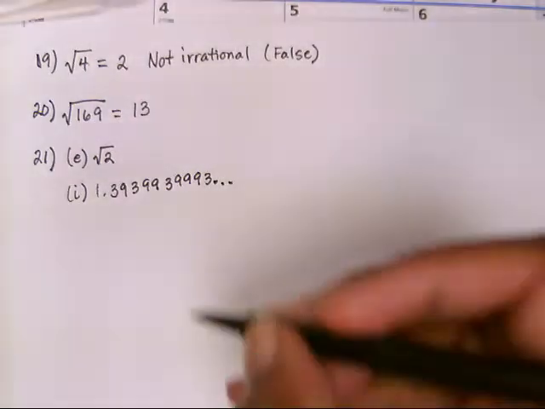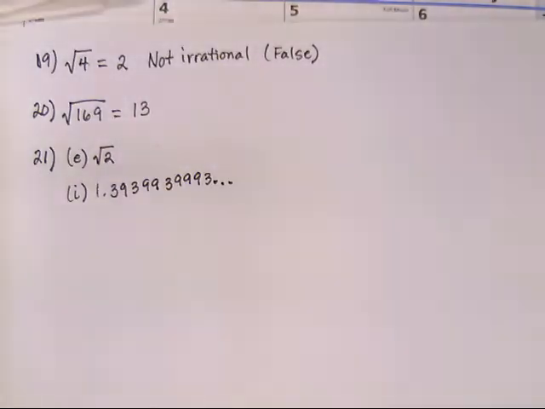That's irrational. These are your irrational numbers here. Options E and I.